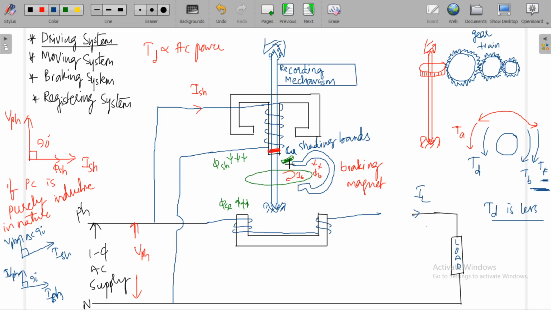That is because of overcompensation for friction. Here we provide some additional torque, which is compensation for friction. If this torque is more than the required torque, you can get this creeping effect.